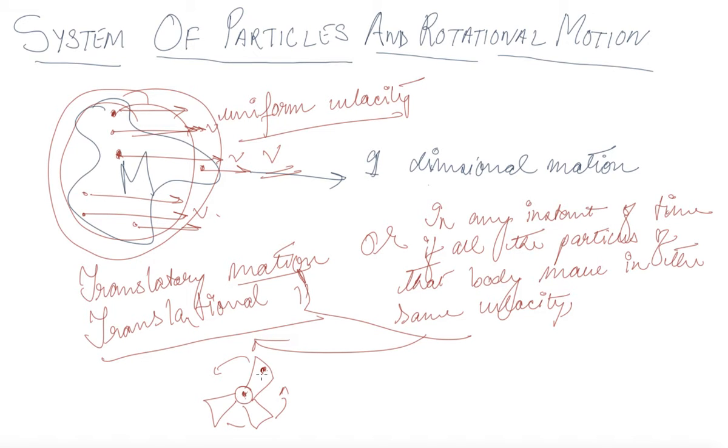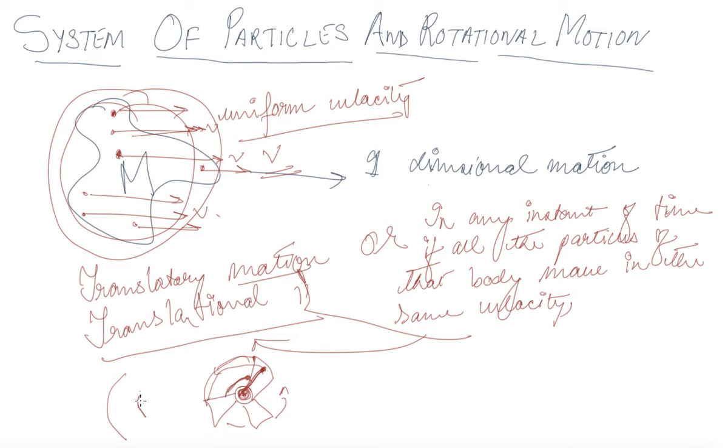That is, for equal amount of time, they are covering unequal distances. Say suppose this point has covered this distance in an equal interval of time, but this point has covered this particular distance. One is covering this much distance, another is covering this much distance.